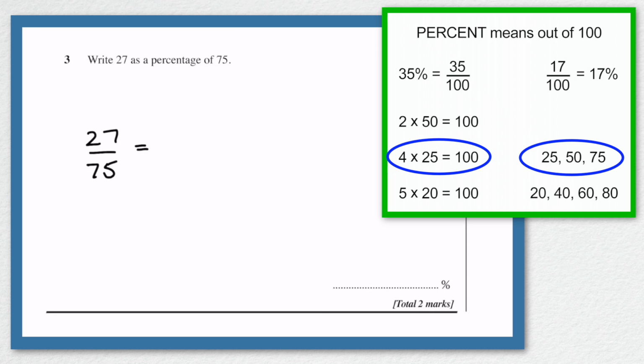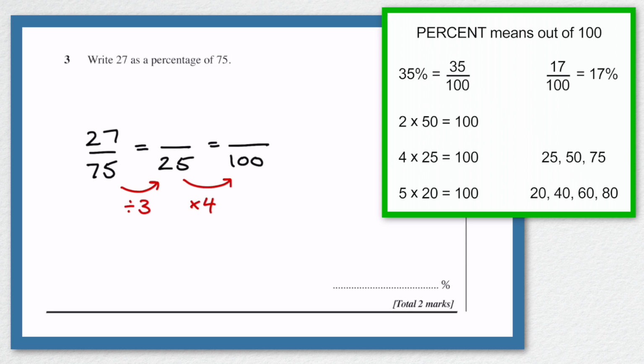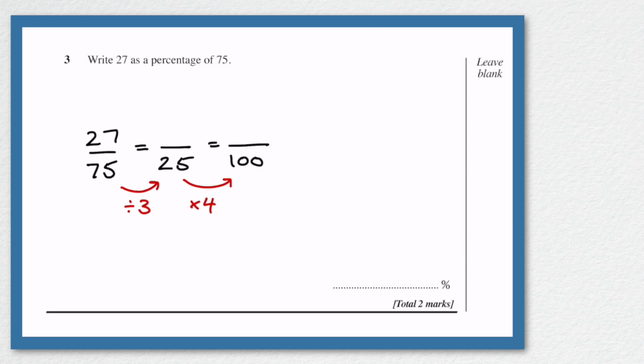So let's use this information. The denominator is 75. If we divide 75 by 3, we get 25. If we now multiply the 25 by 4, we get 100. I need to replicate this for the numerator. We have 27 divided by 3, which is equal to 9. So we have now written an equivalent fraction of 9 over 25.